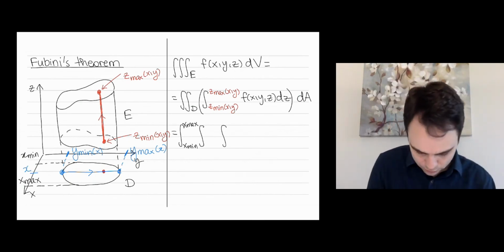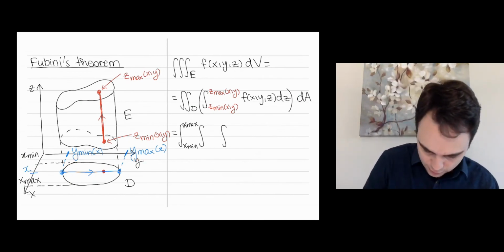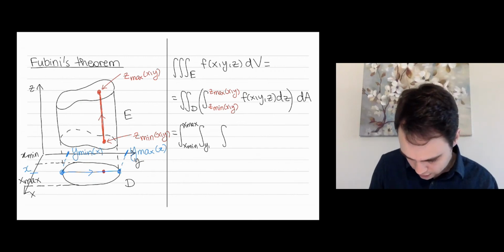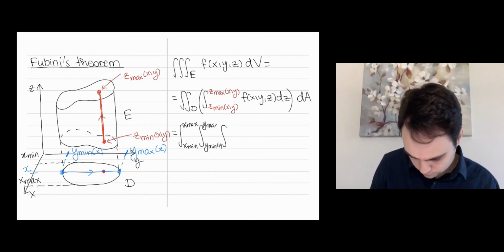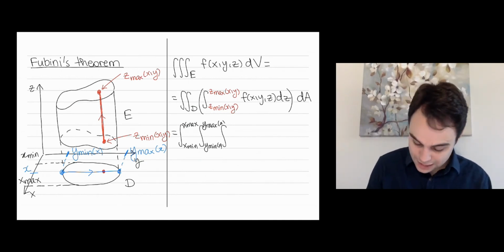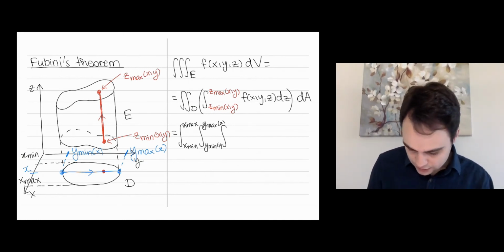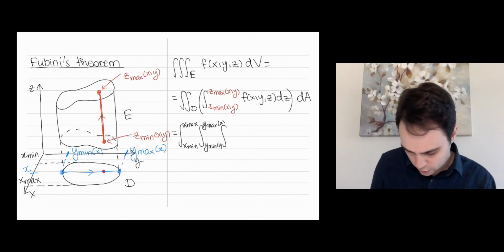Okay, so we have the minimum value of x and maximum value of x. Let me write this on the integral on the side: y min of x, y max of x. And finally, the z integral, we had already set it up before, so let me just rewrite it.